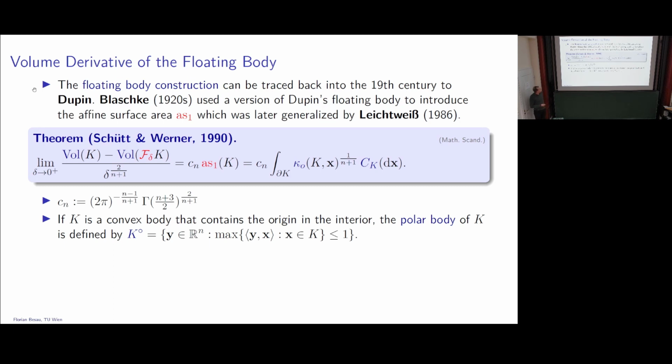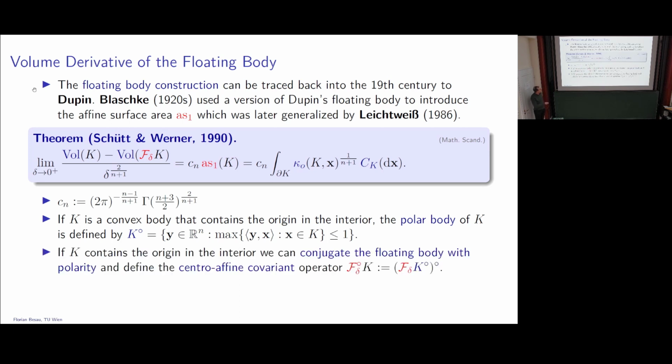And as I said, we want to use the floating body and polarity to define curvature measures. So when we conjugate our floating body operator with polarity, we take the polar body, then we apply the floating body operator, and then we take polarity again. Then this gives you another natural way to associate to K an outer parallel body now.